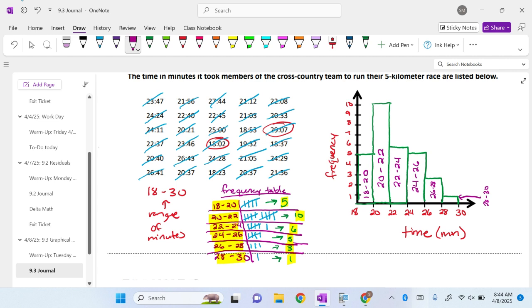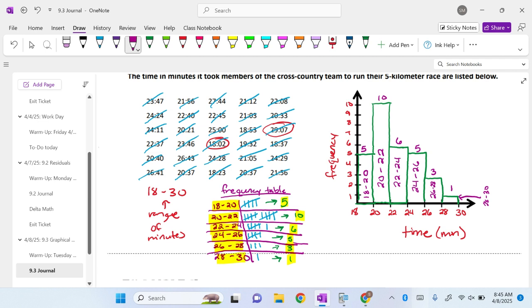And all that means is that 5 people were here, 10 people were here, 6, 5, 3, and 1. That's how you would read a histogram. Any questions on that?